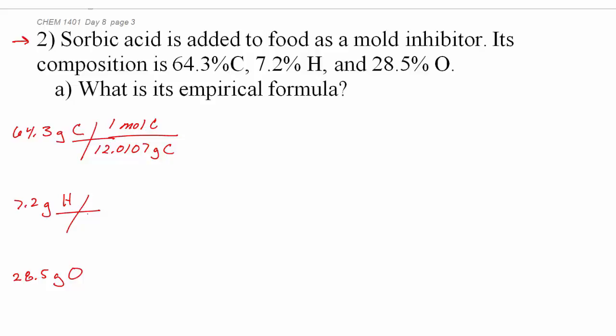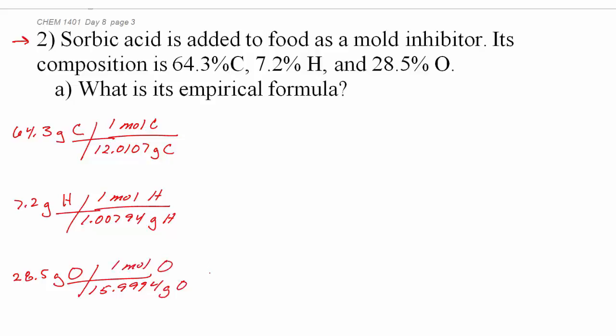Hydrogen, 1.00794 grams of hydrogen in a mole of hydrogen. Oxygen, 15.994 grams of oxygen in a mole of oxygen.